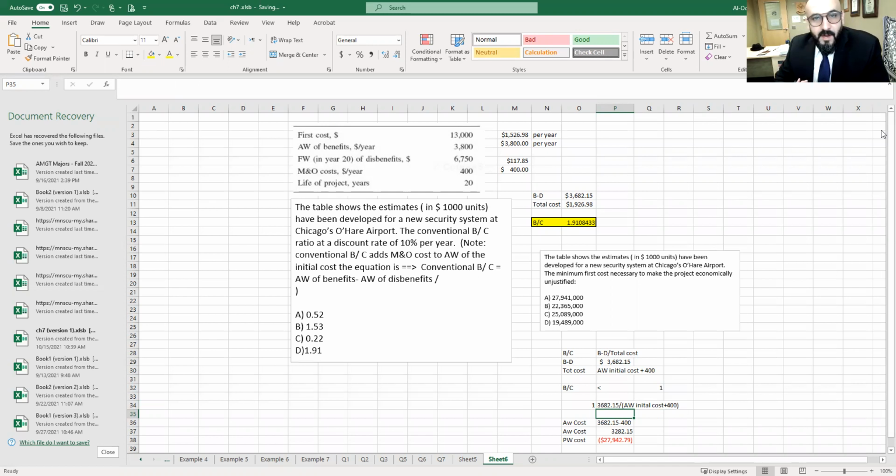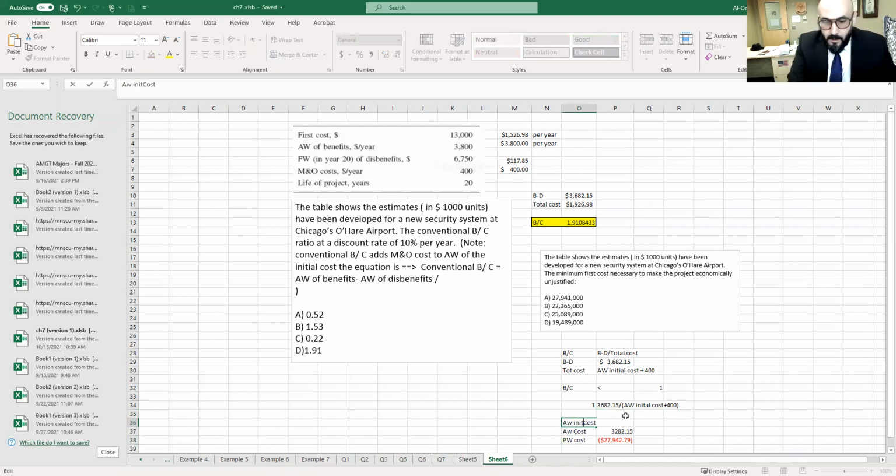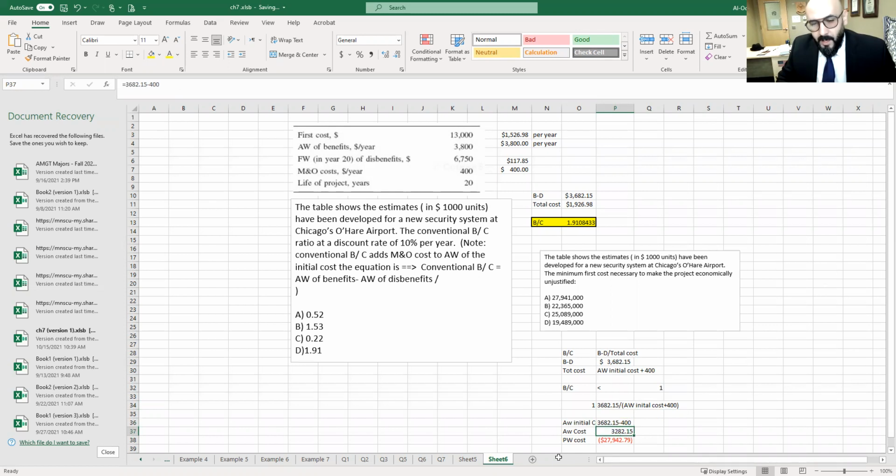Now we have an equation with one variable. Solving this equation for the annual worth of the initial cost, that would be 3,682 minus 400, which gives you an annual worth of the initial cost of 3,282.